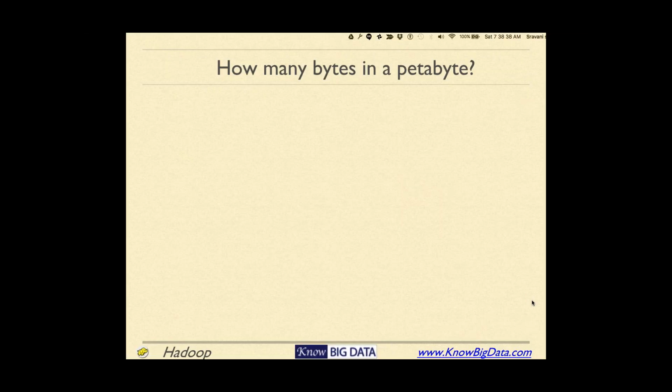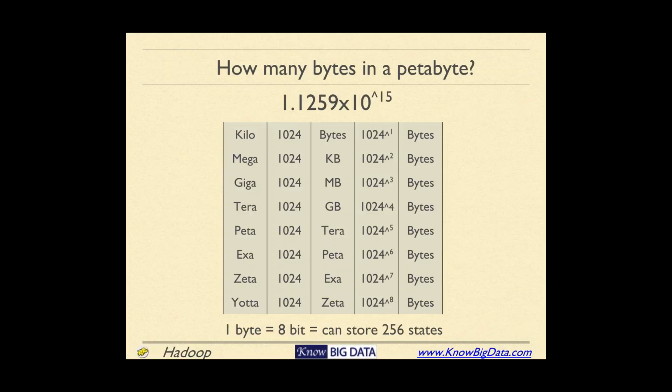Yes, that's right. So a petabyte has around 10 to the power 15 bytes. The way you can remember is by remembering kilo, mega, giga, tera, peta, exa, zeta, iota, and each one is a multiple of the previous by 1024 times.